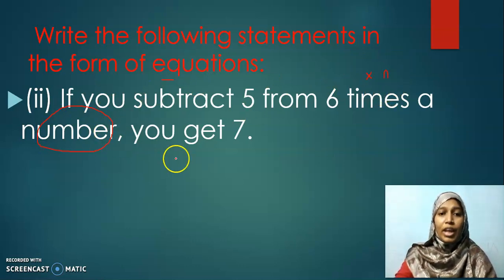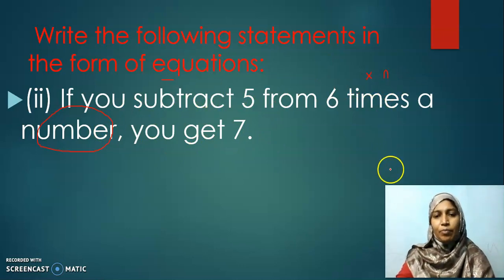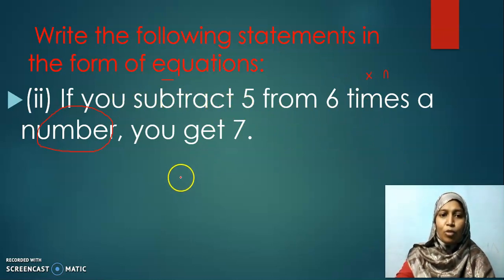You get 7. If I subtract, I'm going to get 7. What am I going to subtract? 5. Write that 5 from 6 times the number, so this should be written first. 6n. 6 times n is 6n. Is it clear? 6 into n minus 5.